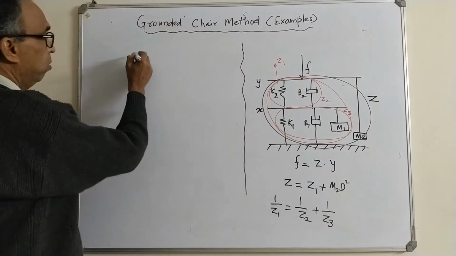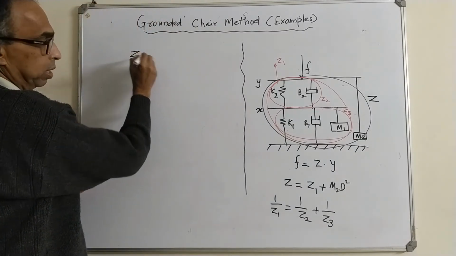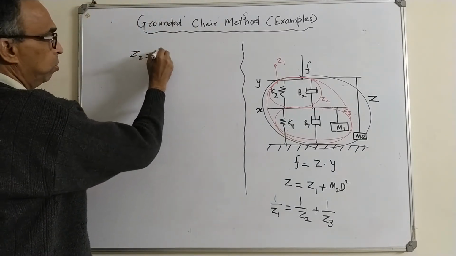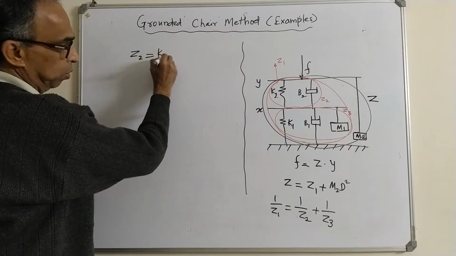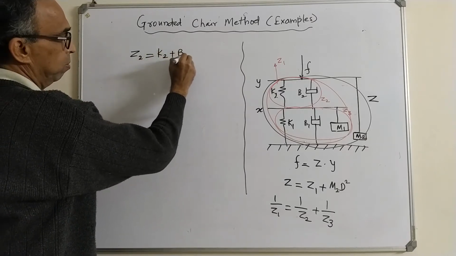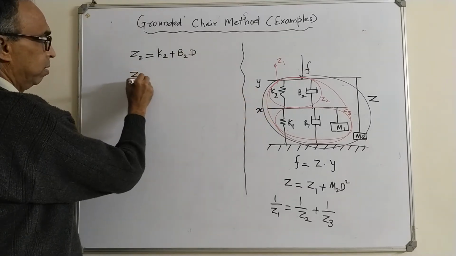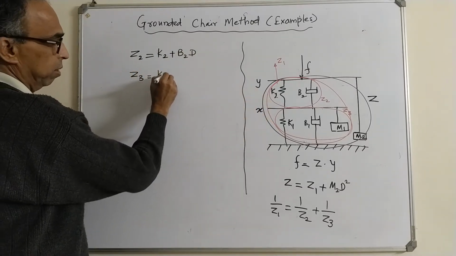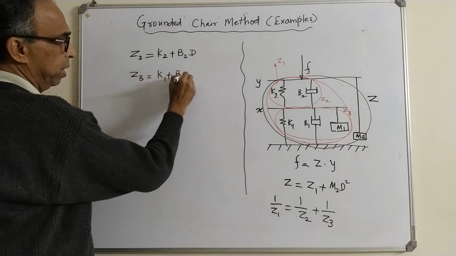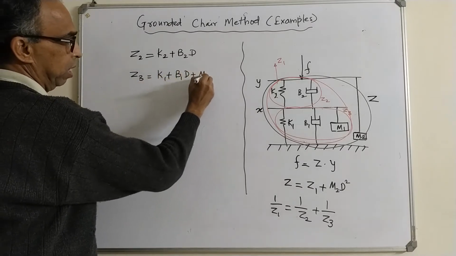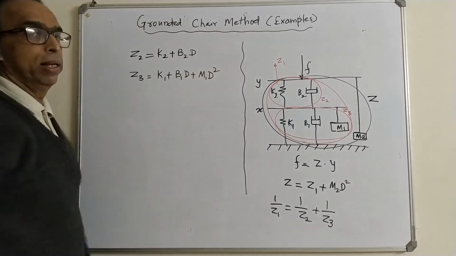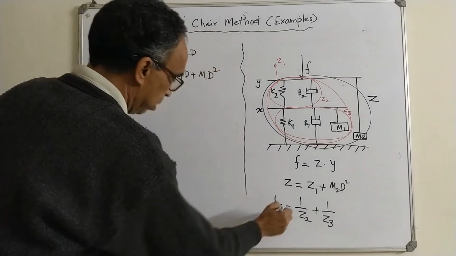So Z2 is a series combination. So Z2 is equal to K2 plus B2D, and Z3 is K1 plus B1D plus M1D square. So let us substitute it here.